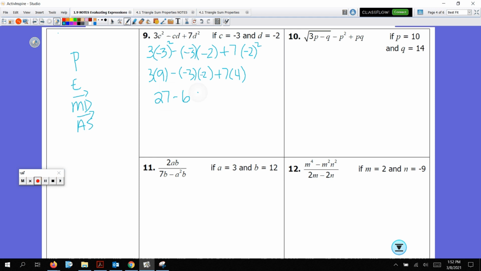And we have a plus sign. We can go ahead and multiply here. 7 times 4 gives us 28. Now it's just addition and subtraction, again, left to right. 27 minus 6 is 21, plus 28 gives us 49.